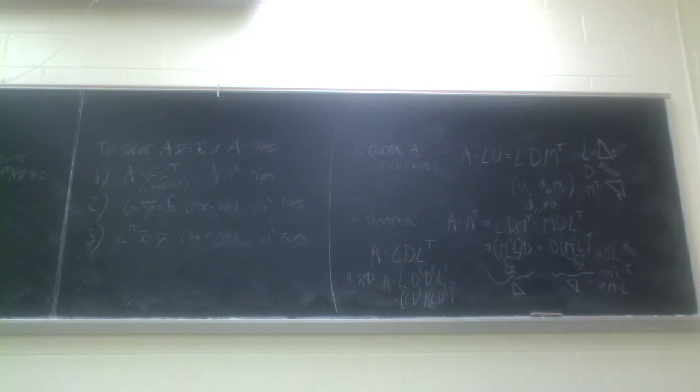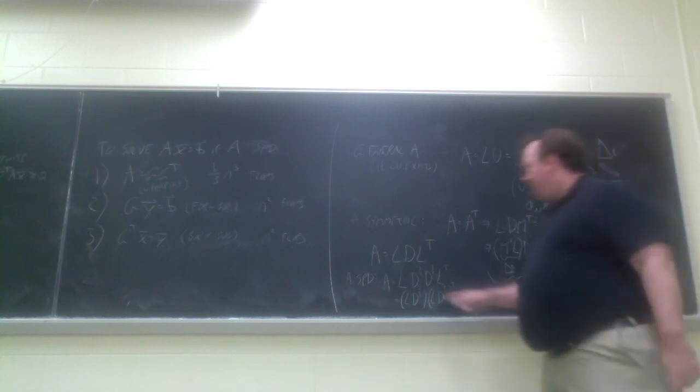Now, what kind of matrix structure-wise is L times D to the 1/2? L is unit lower triangular, D is any diagonal matrix, so it's just plain lower triangular, not unit.